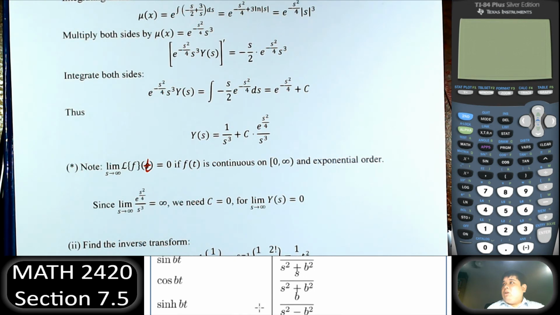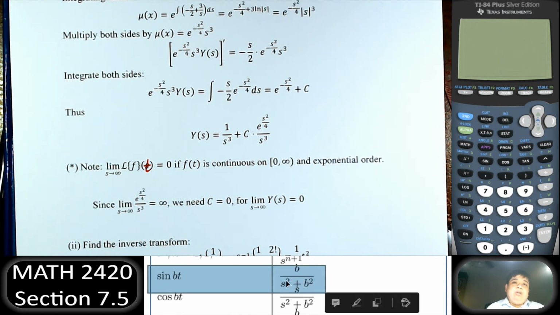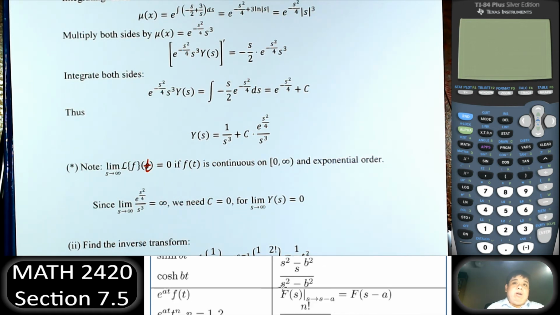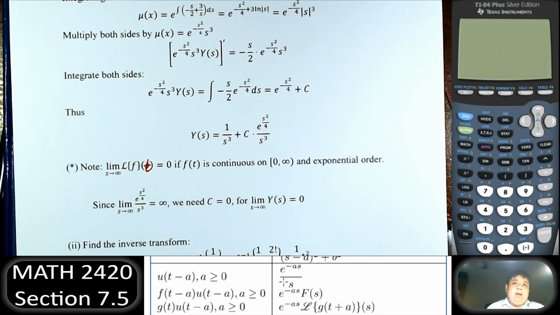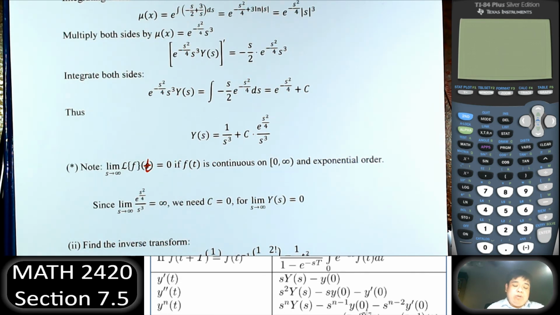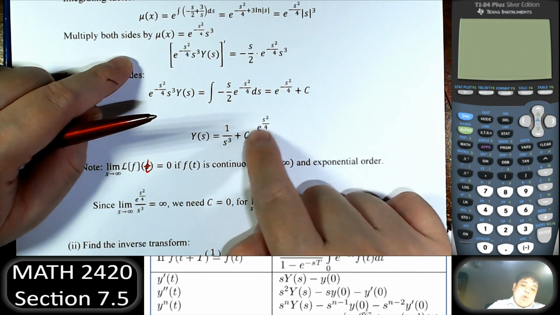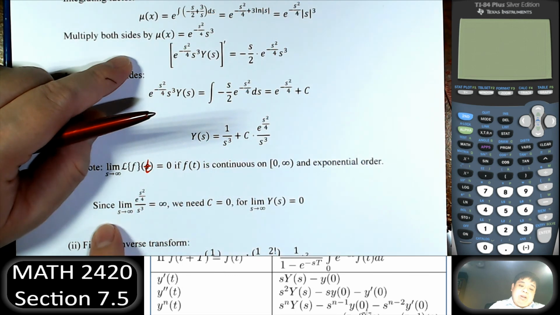Let's say we have something like this, for example. If s goes to infinity, this one goes to 0, I mean all of them. We cannot have a Laplace transform that goes to infinity. In that case, this one, when s goes to infinity, will go to infinity.